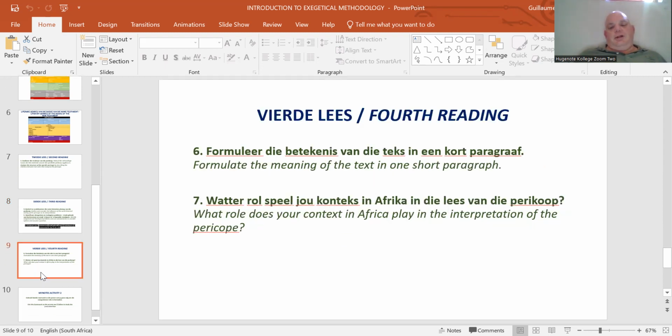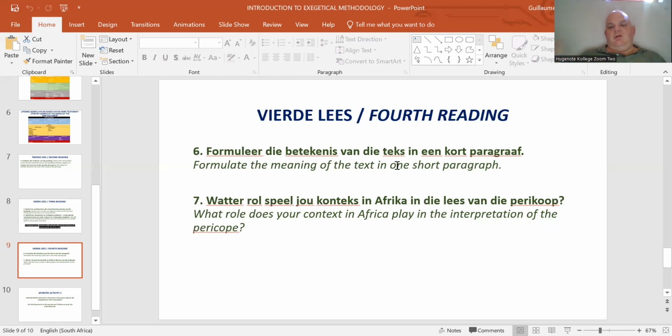Finally, in the fourth reading, you are going to formulate the message, the meaning of this text, in your own paragraph. This is where you come to the conclusion. I studied and I discovered, and I think this is what the writer tried to say. This is then the core message.